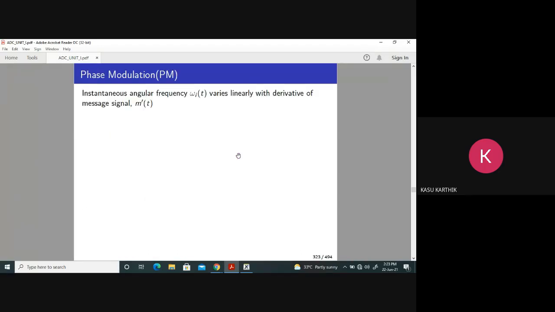Now, having said that, let us proceed to phase modulation. What is phase modulation? It means we are changing the phase while keeping the amplitude and everything else constant. How is it defined? The instantaneous angular frequency omega_i varies linearly with the derivative of the message signal, m dash of t.